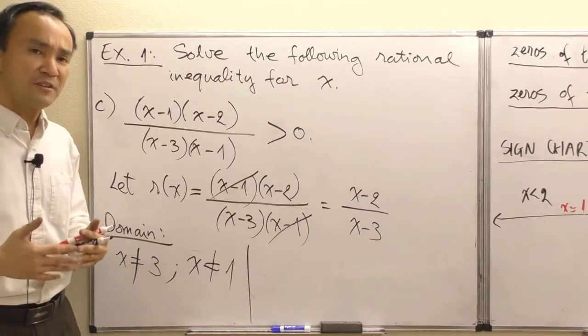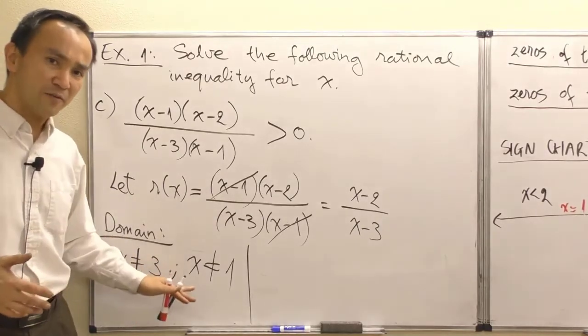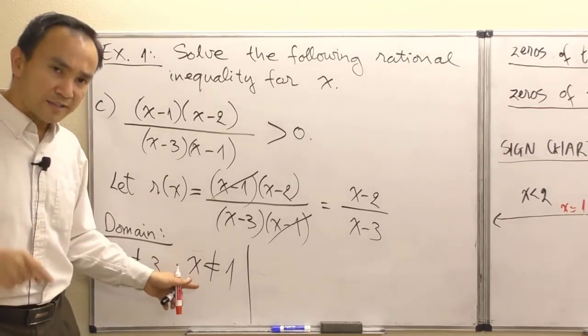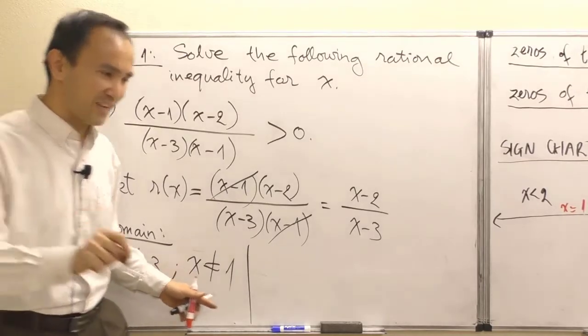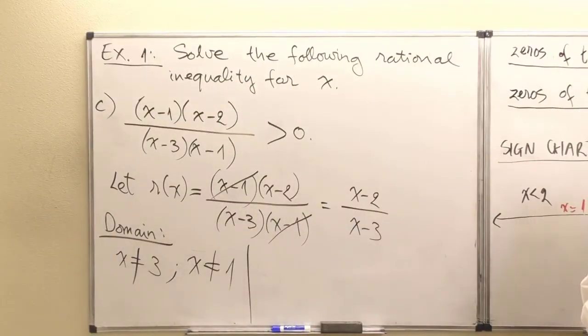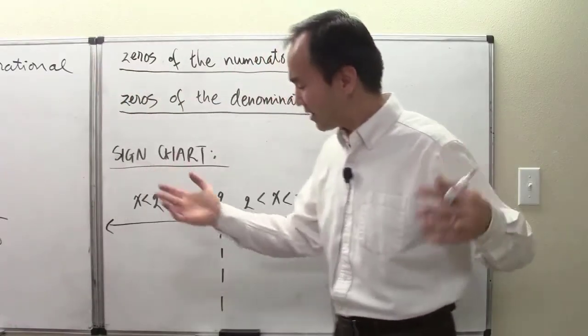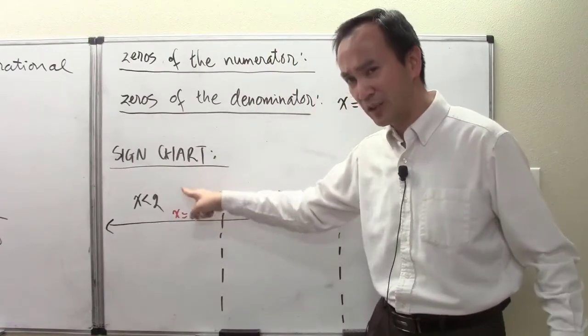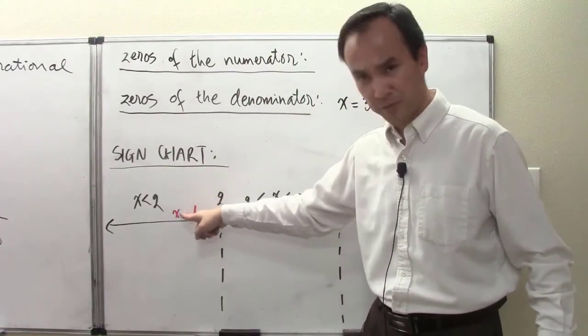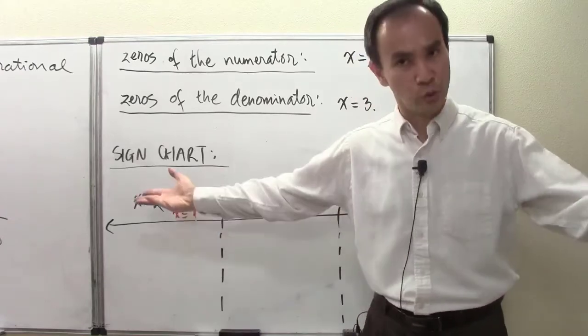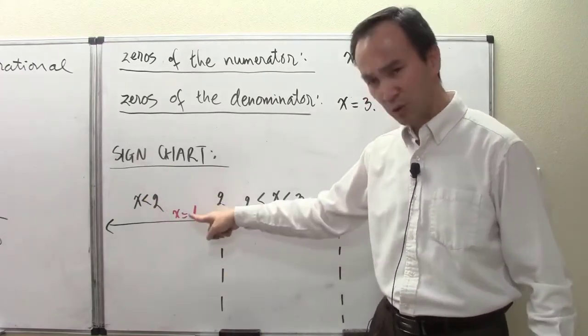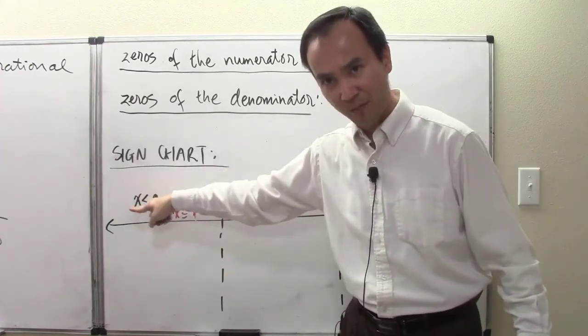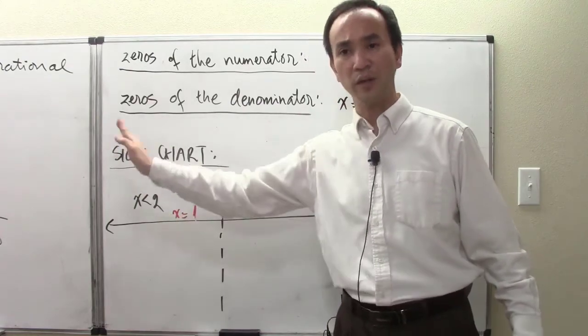We have to always be fully aware of what's excluded from our domain. I just want to show that process: in case we accidentally chose a value that was excluded from the domain, choose a different one. Even though x equals 1 is in this interval, it's excluded from the domain.